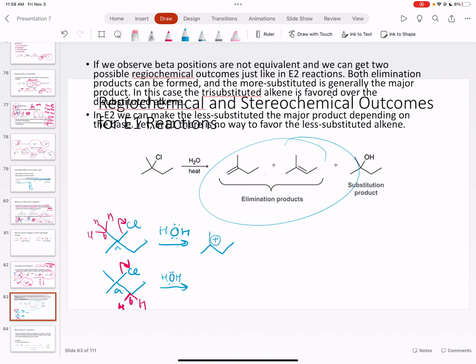So then we have a positive charge in here, and then we also have a positive charge in here. And then afterwards, we can actually proceed with our proton transfer, right?